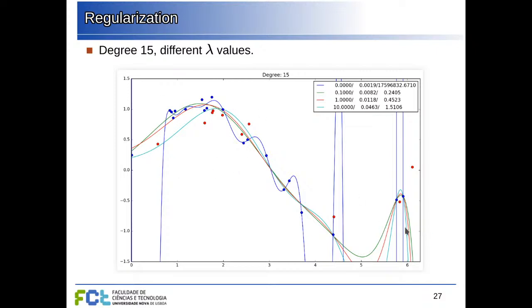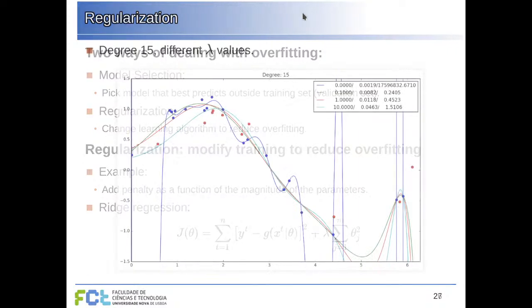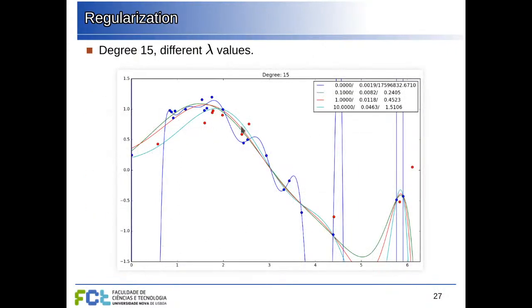So if we adjust this data, we can see that with lambda 0, so this value set to 0, we are not regularizing, so we are just minimizing the quadratic error, and we get this line here in blue, which goes very far from the data outside the training set.